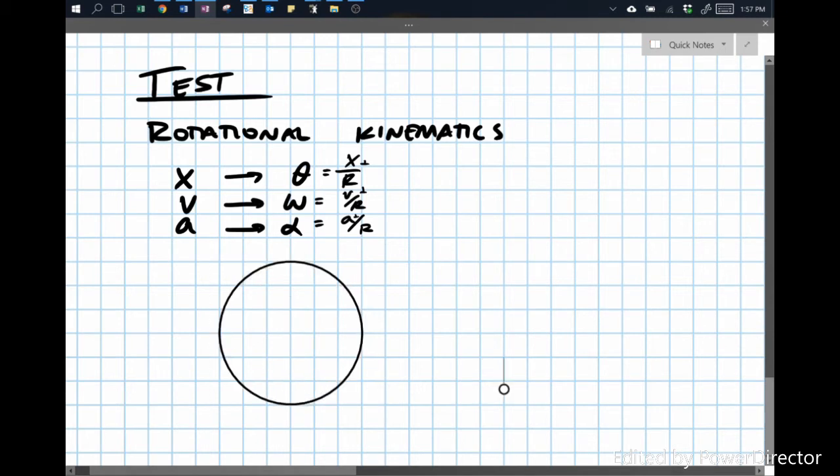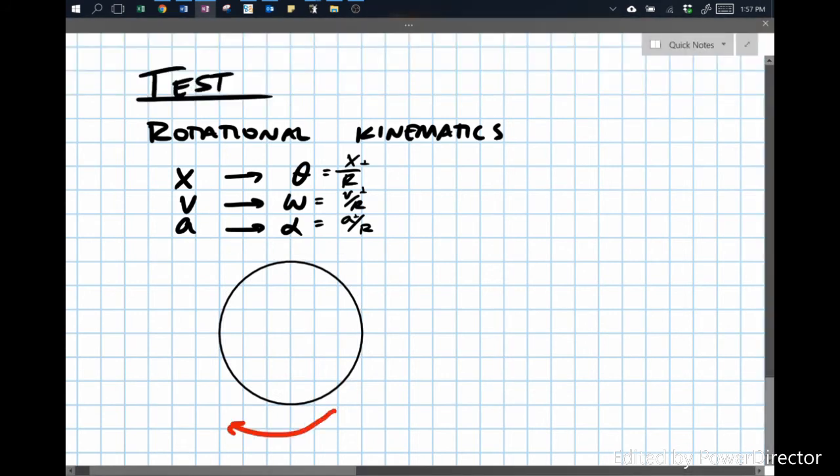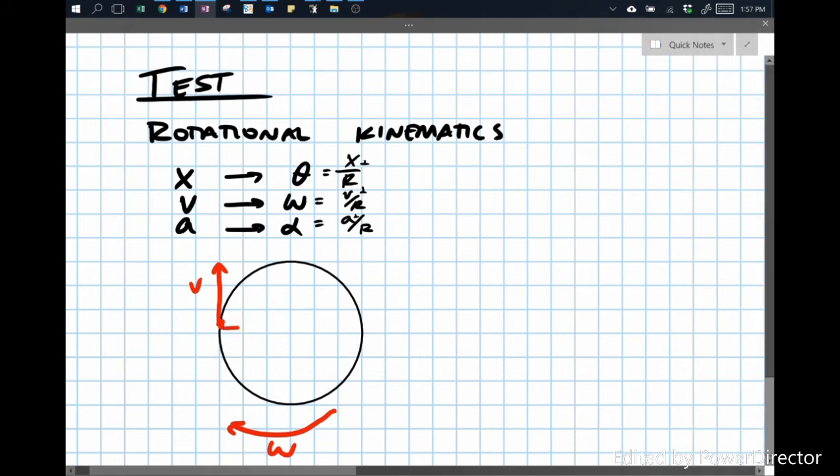Sorry, I want my circle to be good. So if my circle is spinning with some angular velocity, the speed at any point is going to be directed tangentially to the circle. It doesn't have a choice. That's the direction you would be going in at that point. This would be your radius. So your velocity would be defined as the radius times the angular speed.